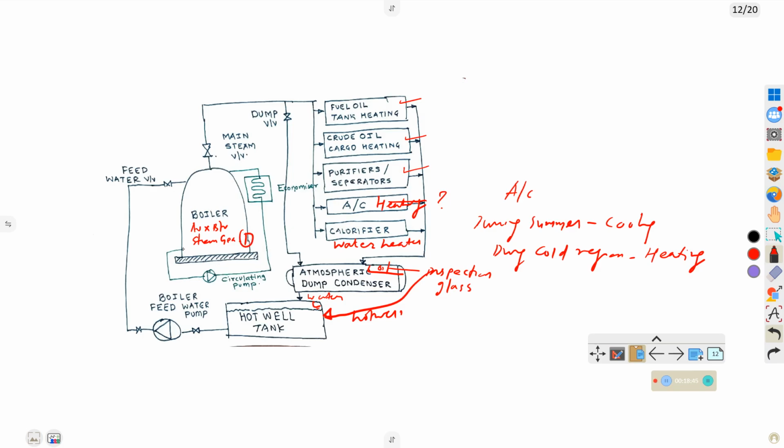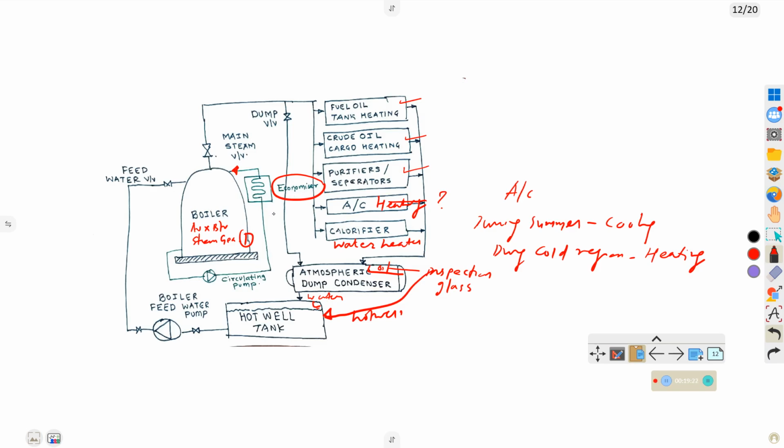Okay, this is one. Now what happens? Whatever excess water is there is taken by the circulating pump and it goes to the economizer. In the economizer, what will happen? It is getting heated here. So water which is already heated is getting further heated and goes to the boiler. It will increase the efficiency of the boiler.